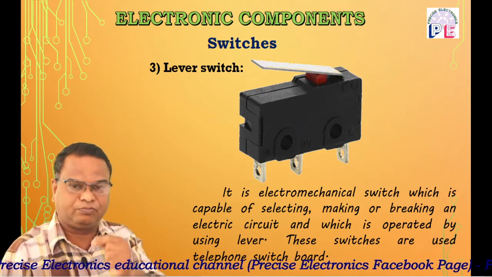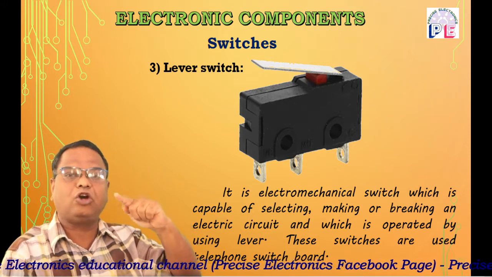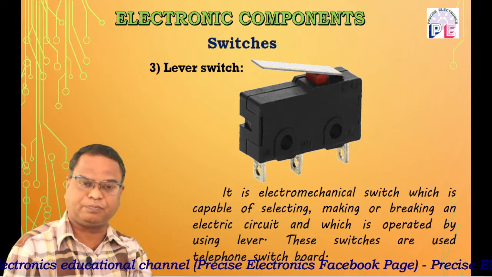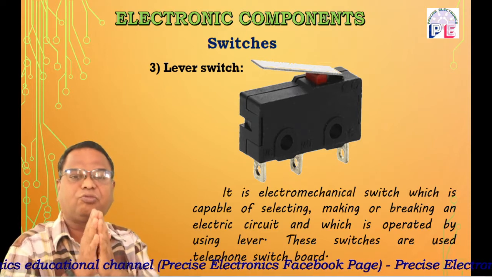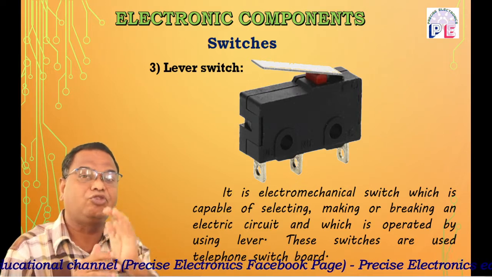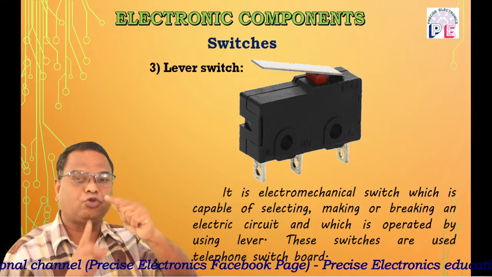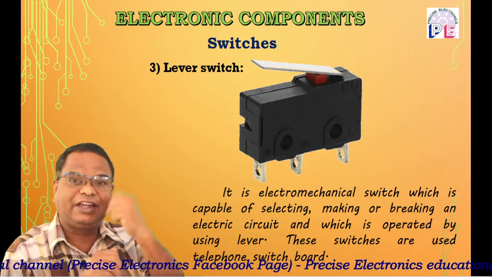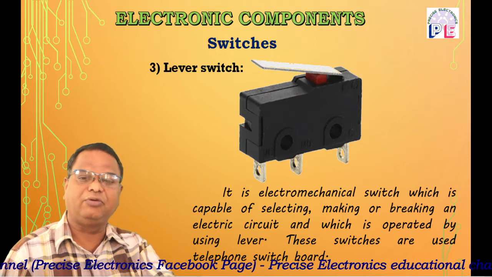There is a lever, and this lever is used to make or break, or to select the operation of the switch. The lever switch is mostly used in telephone switching circuits, in the telephone switchboard, where it is used to connect particular telephone lines. That is our third type, the lever switch.